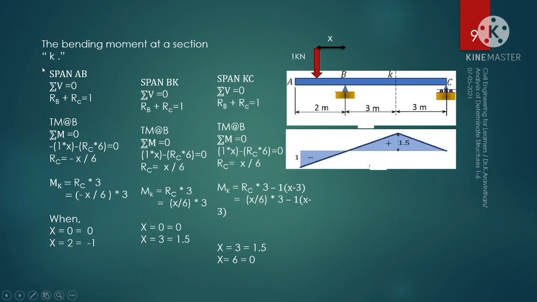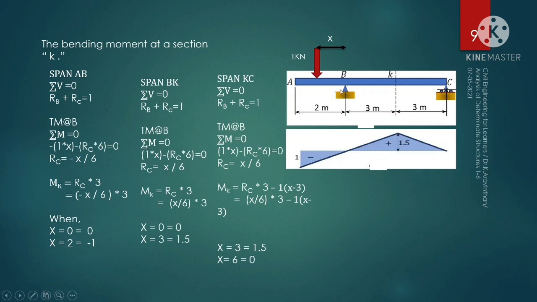I do not want to make an elaborate explanation. The same procedure you have to do, that is 1 into x is the distance, and RC into distance 6, so 1 into x minus RC into 6. If you need RC, x by 6 will be there.